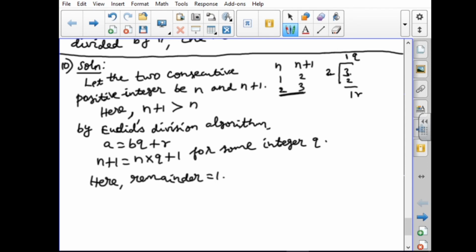The remainder is 1, so again you have to apply Euclid's division lemma algorithm.